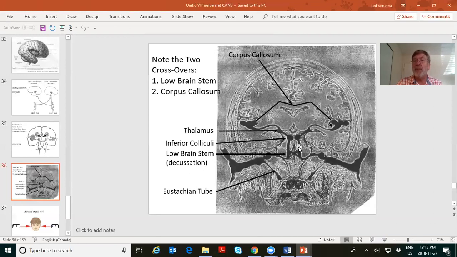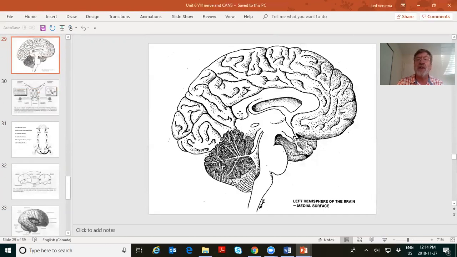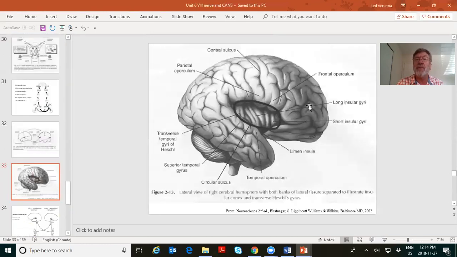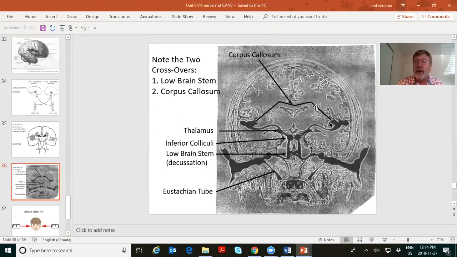Crossover, up the brainstem, inferior colliculi, medial geniculate bodies, radiating out to the Heschl's gyrus, and then you've got that crossover through the corpus callosum. So the corpus callosum looks like this here, and when you take a sagittal cut, it looks like this here. So a coronal cut, like this. Coronal cut, like this.